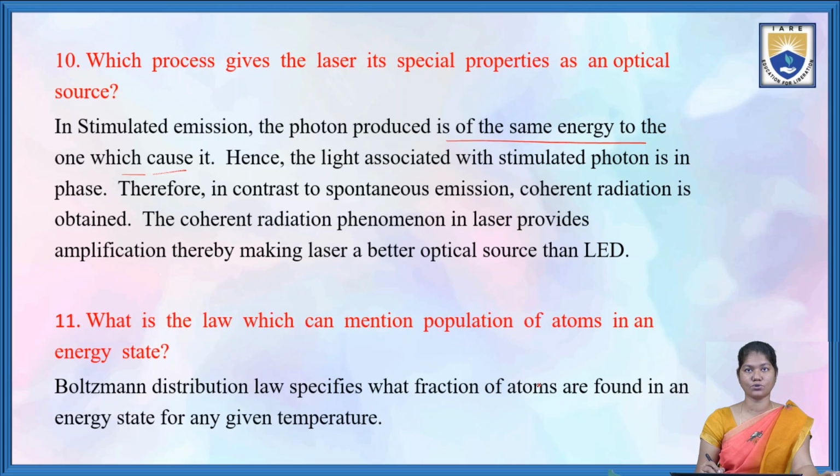Hence, the light associated with the stimulated photon is in phase. Therefore, in contrast to spontaneous emission, coherent radiation is obtained. The coherent radiation phenomenon in laser provides amplification, thereby making laser a better optical source than LED.